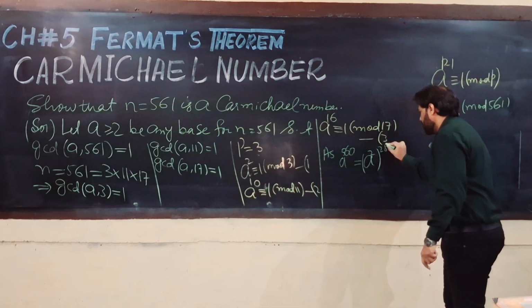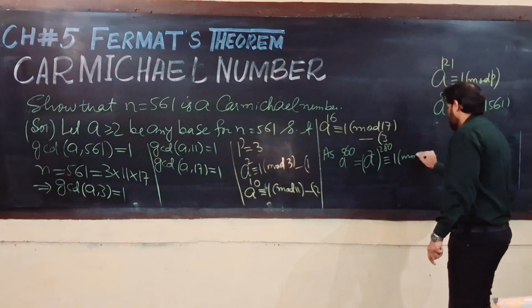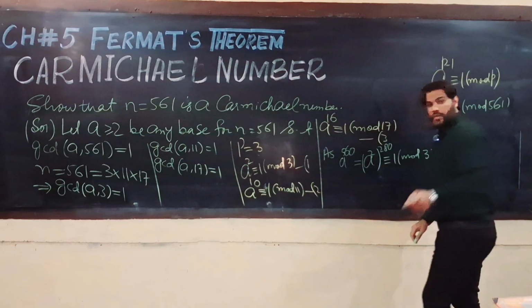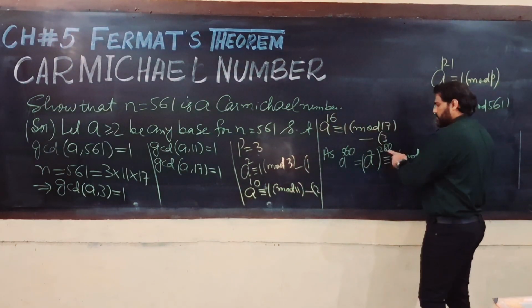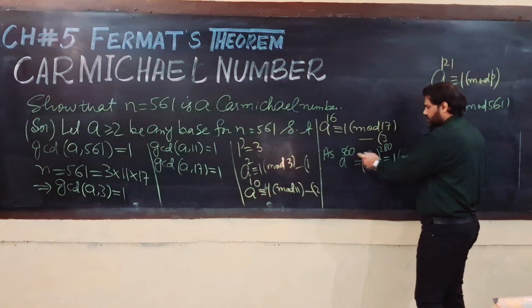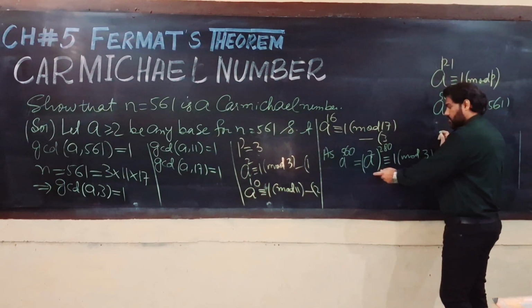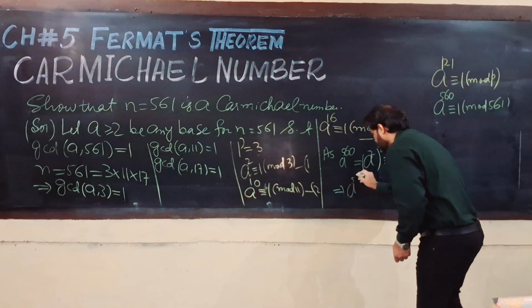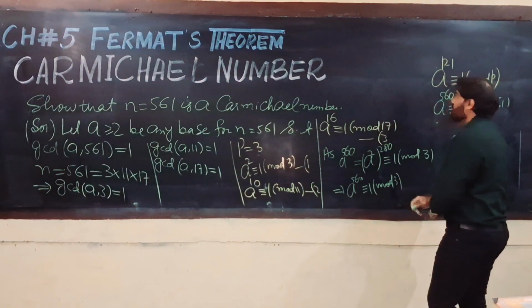Since a squared is congruent to 1 modulo 3, this becomes 1 to the power 280, which is equal to 1, so this is congruent to 1 modulo 3. This shows a raised to power 560 is congruent to 1 modulo 3.